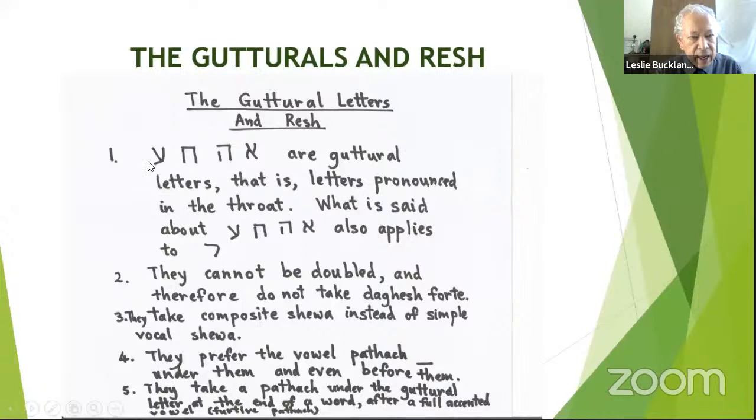Normally, the last letter of a word does not have a vowel underneath it, but this is a special rule governing guttural letters. That is called in Hebrew grammar furtive pathak, meaning that the pathak is under the last guttural letter of a word.